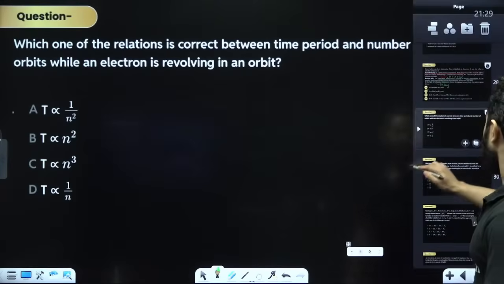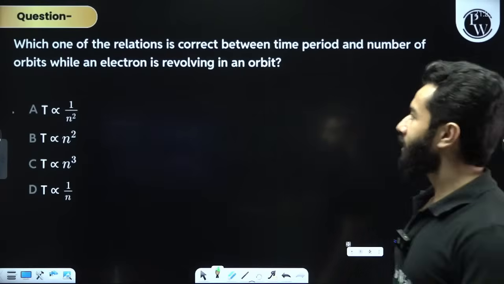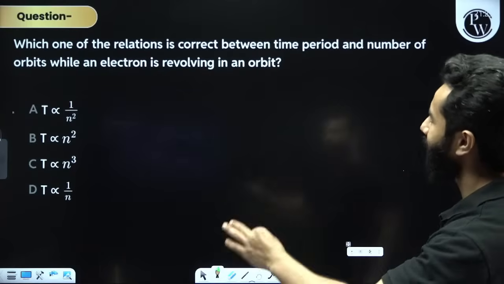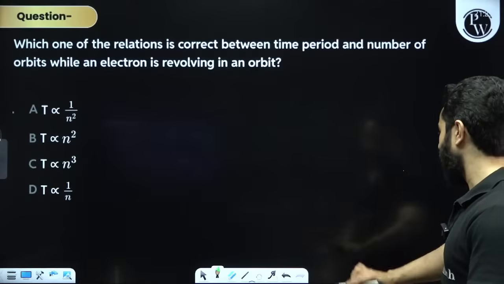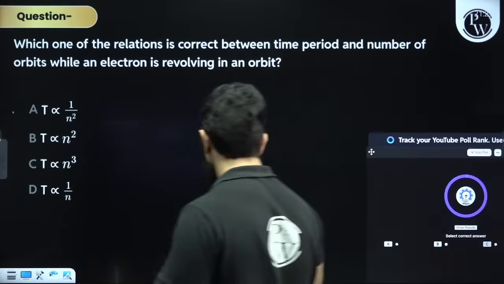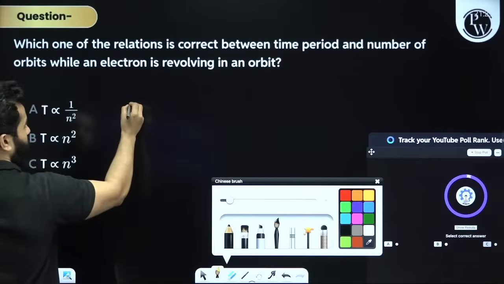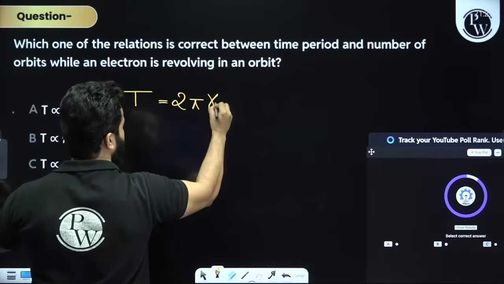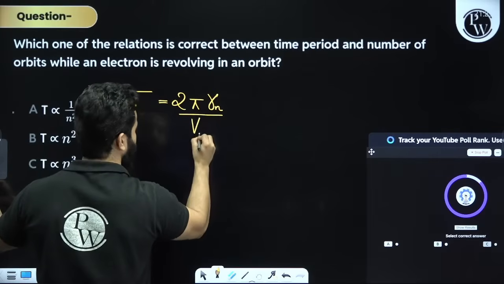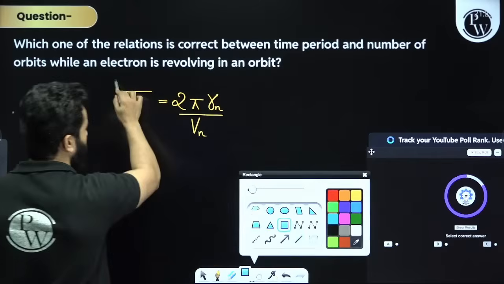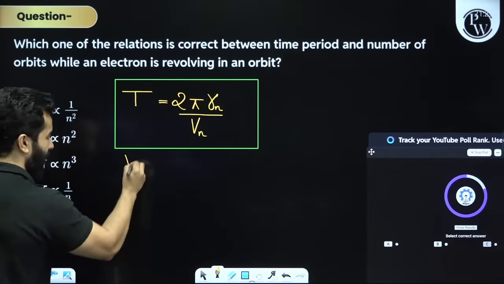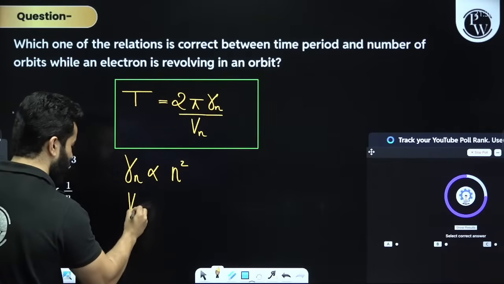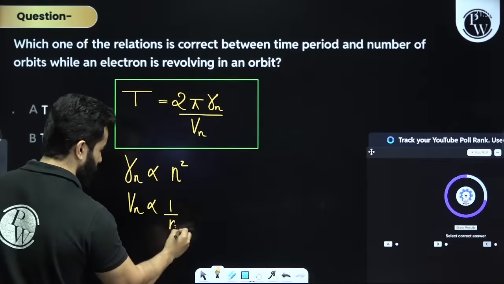Moving on, next question. Which of the following relations is correct between time period and number of orbits while an electron is revolving in an orbit? Let's start. For time period, we have 2 pi Rn divided by Vn. Just now I have discussed Vn and Rn for you. Rn depends directly on n square and Vn depends upon 1 upon n, right?